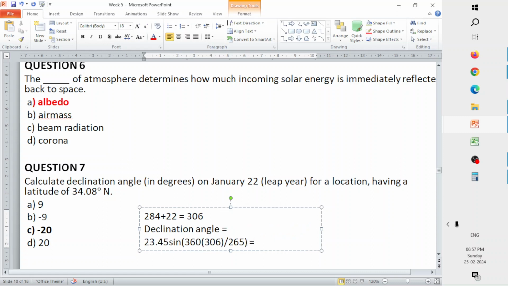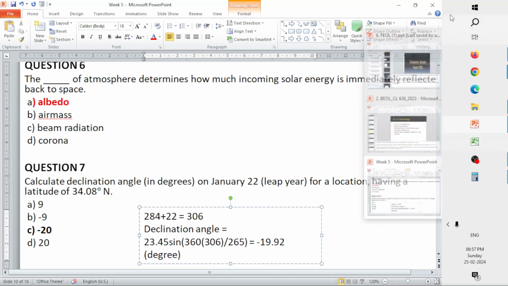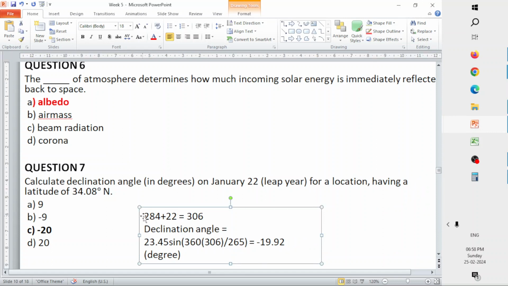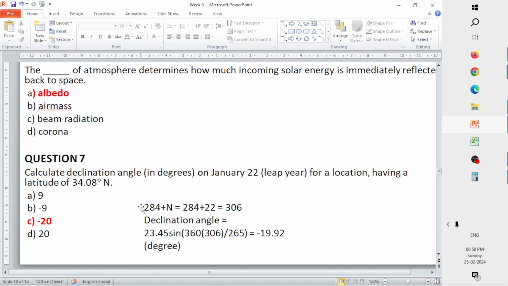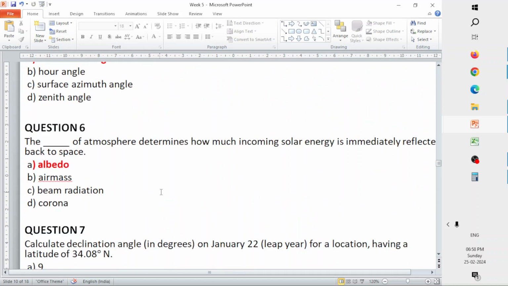That will be equal to, I guess, around minus 19.92 degrees. So your answer is approximately minus 20 degrees. With this we finish the discussion of the assignment questions related to week 1.